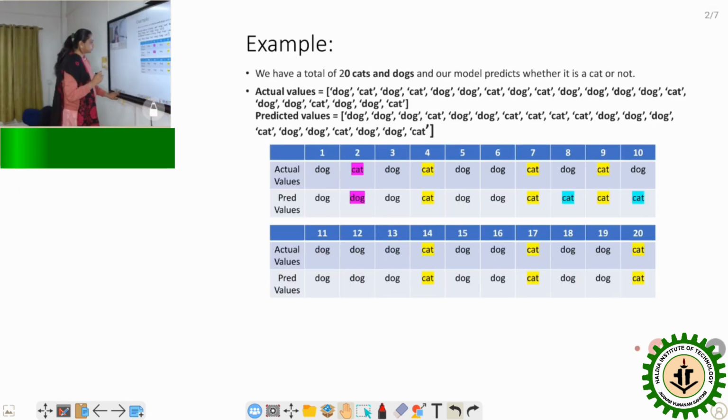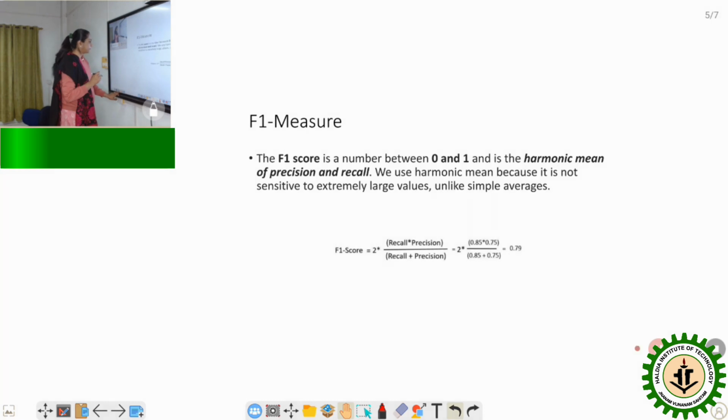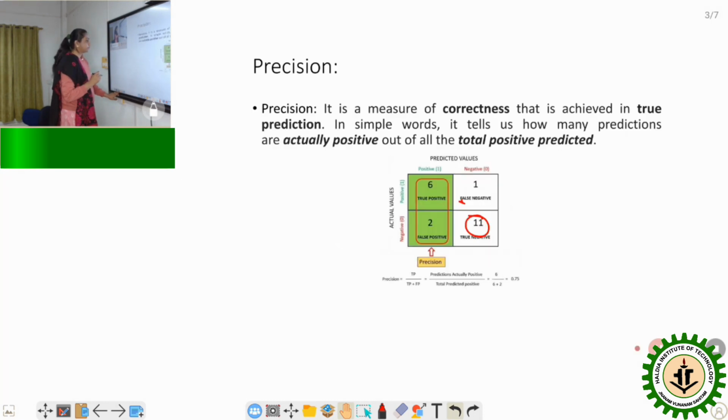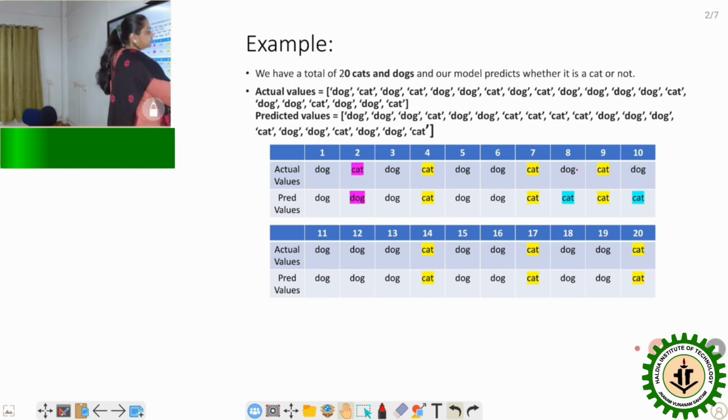In the false negative, now here we can see that dog is our class and we have predicted it as a cat, and here also dog is our original class and we have predicted it as a cat.